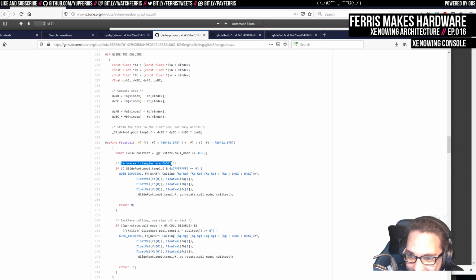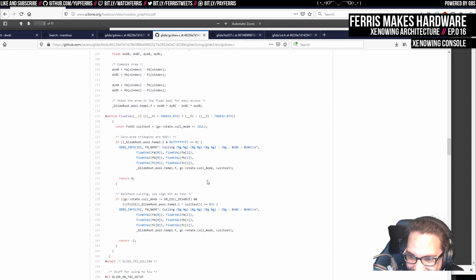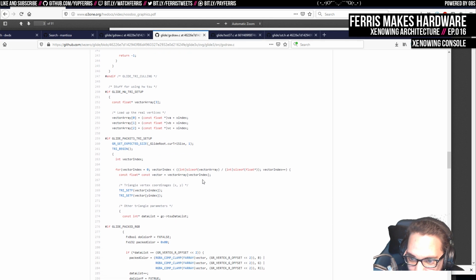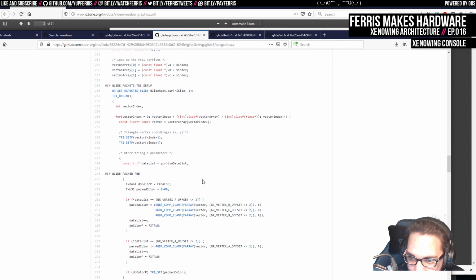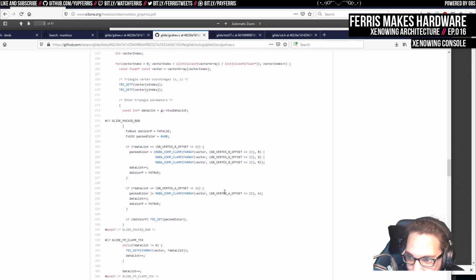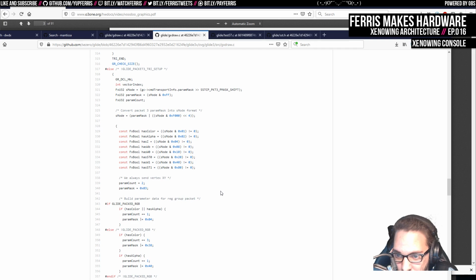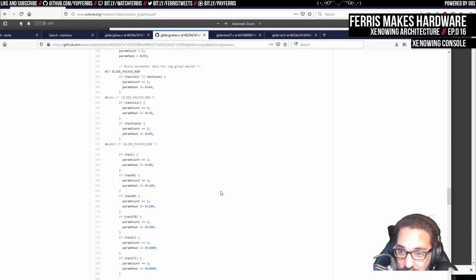Zero area triangles are bad. Typo. Yeah, this is definitely the FP could be slow, but we actually saw earlier there was a comment that said they had a bunch of issues with rounding modes and stuff, and they wanted to make it consistent. So it's probably a mix of both of those things.